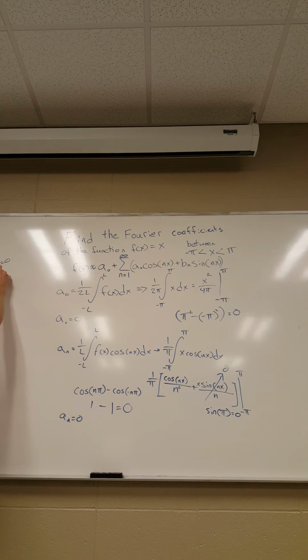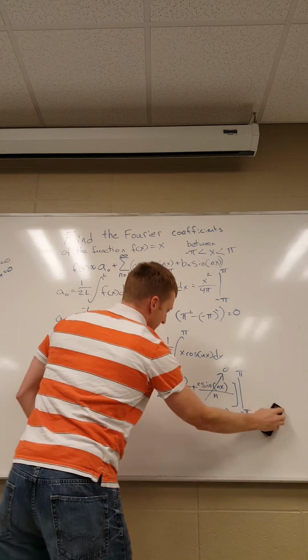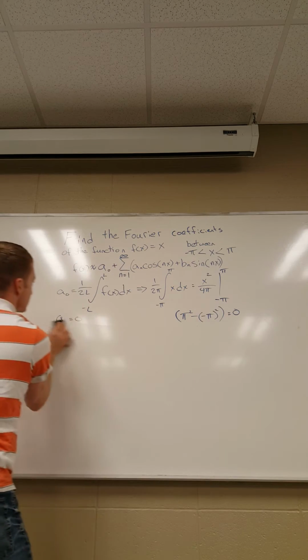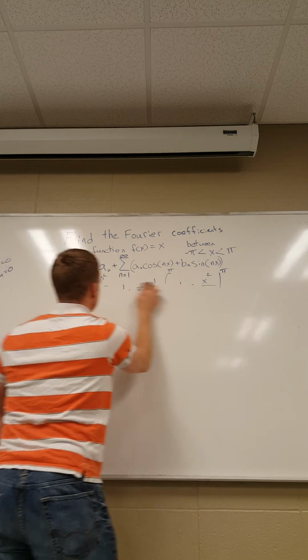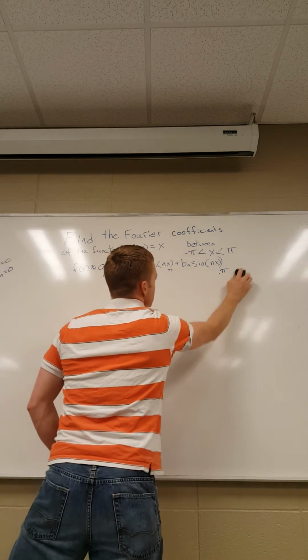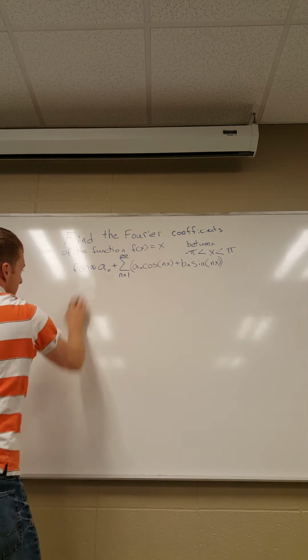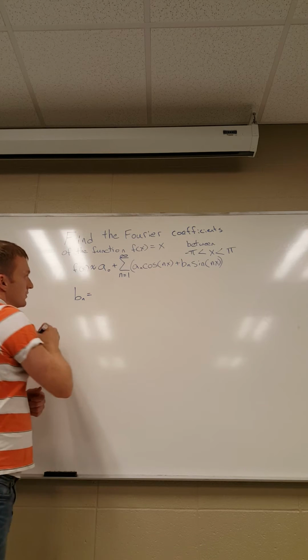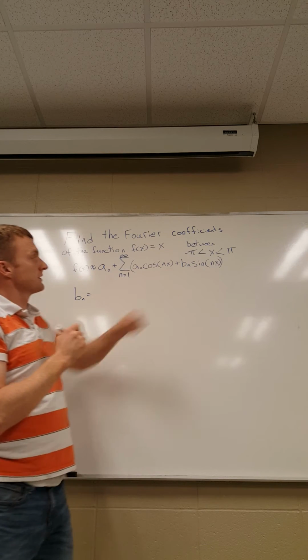We'll write that over here as well: a sub n is equal to 0. Now, b sub n is what we need to find next.